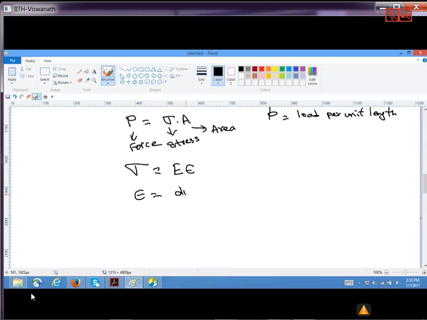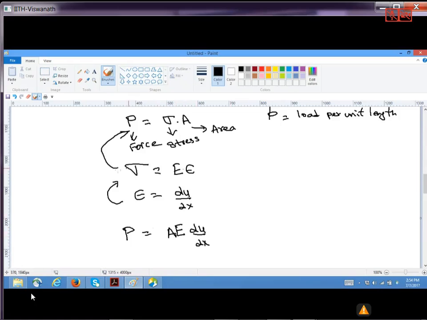That means if I substitute this into this, and then this into this equation, I can say that P is equal to E into du by dx times A. This is my force.